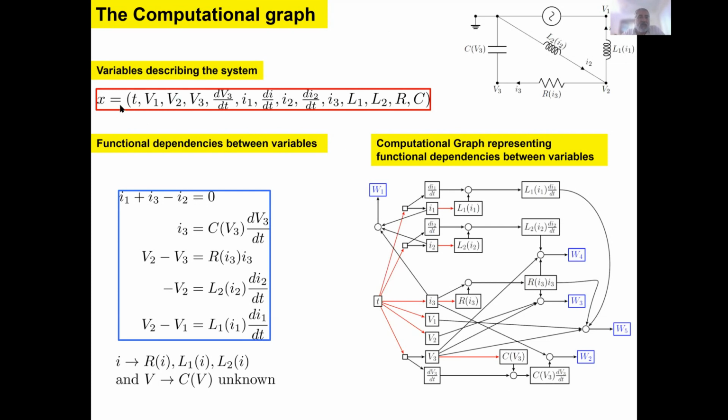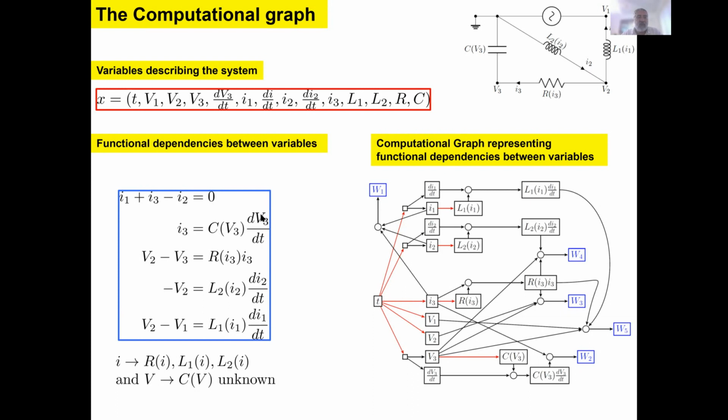To describe this, write x for the vector whose entries are the variables representing the state of the system. So we have 14 of them, and one of them is time. And observe that these variables are related to each other through known functional dependencies given by the following equations, which are the Kirchhoff laws for this nonlinear electric circuit.